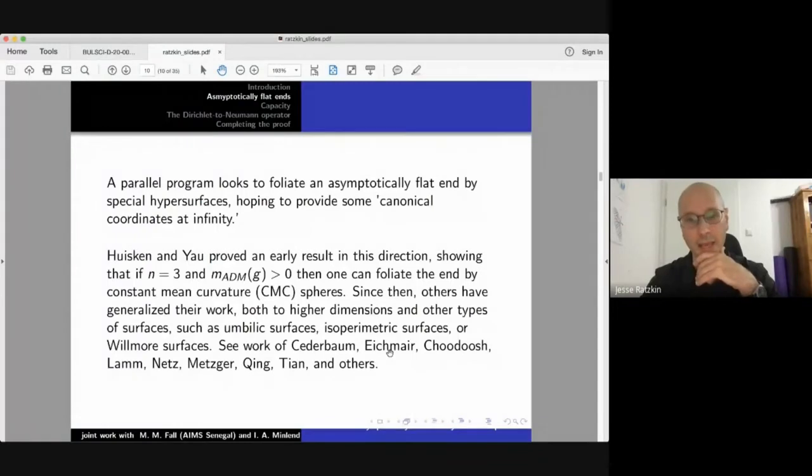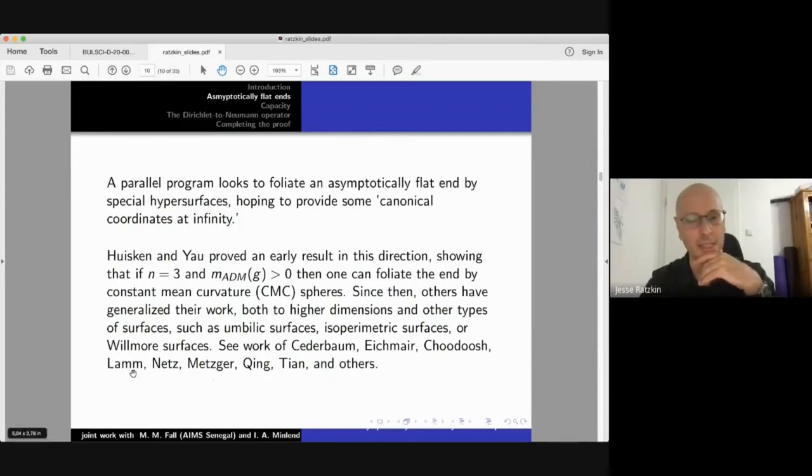Eichmair and Metzger construct a foliation of an asymptotically flat end by isoperimetric surfaces. Koerber and Tian construct foliations of asymptotically hyperbolic ends by constant mean curvature surfaces.